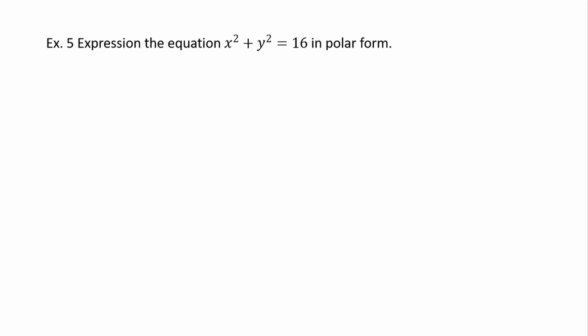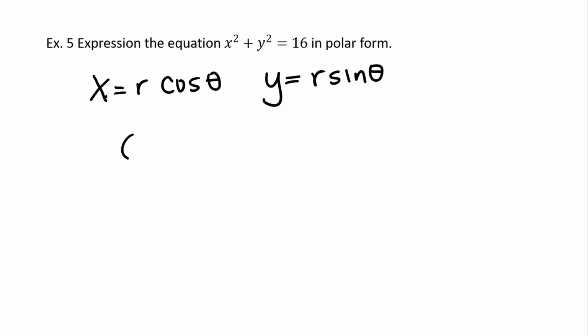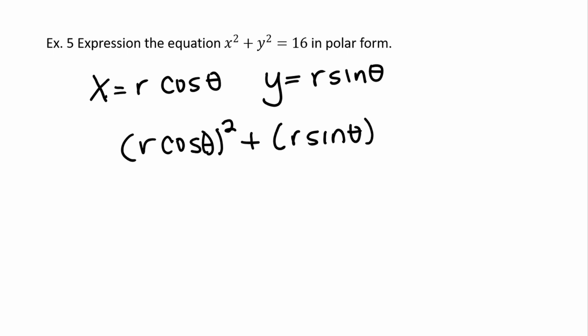We will simply replace x with r cosine theta and y with r sine theta. So x becomes r cosine theta squared plus y becomes r sine theta squared equals 16.